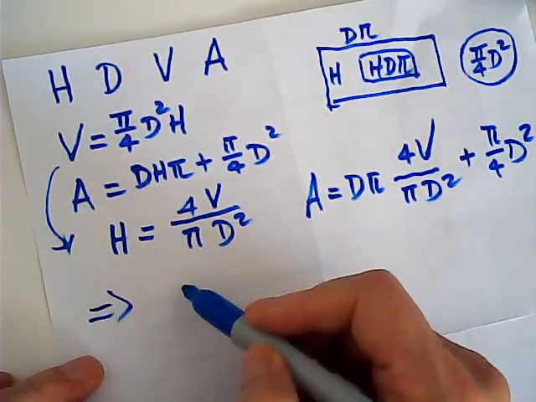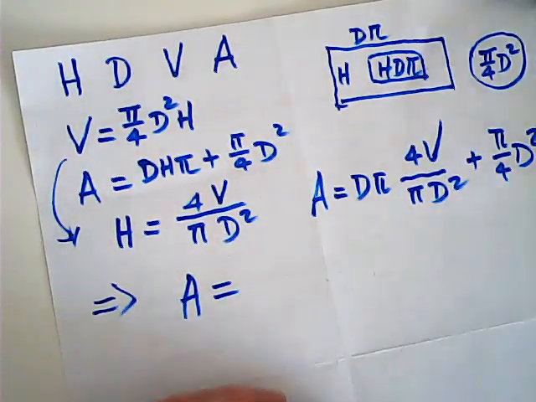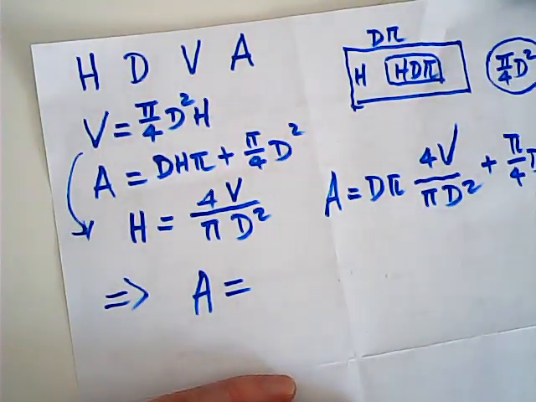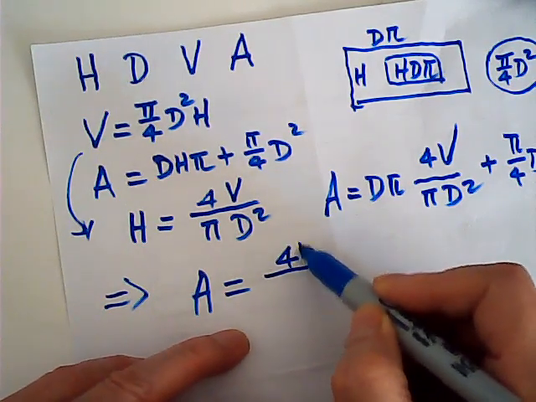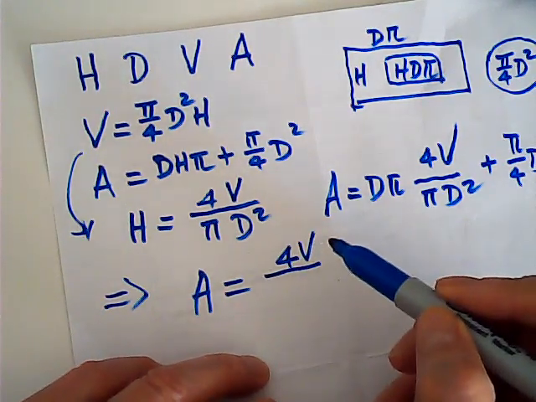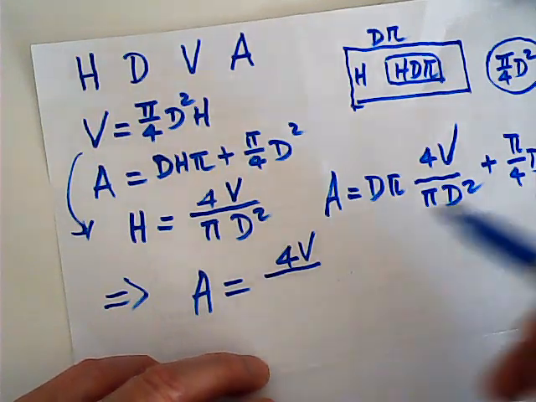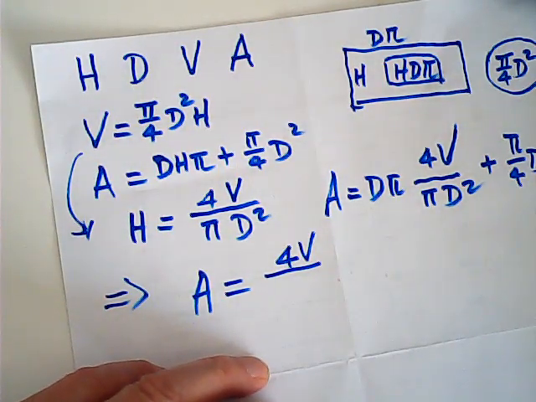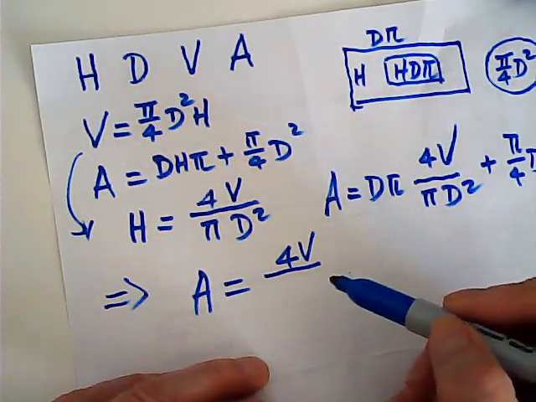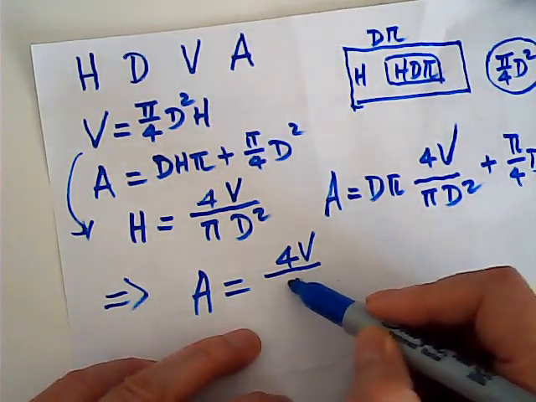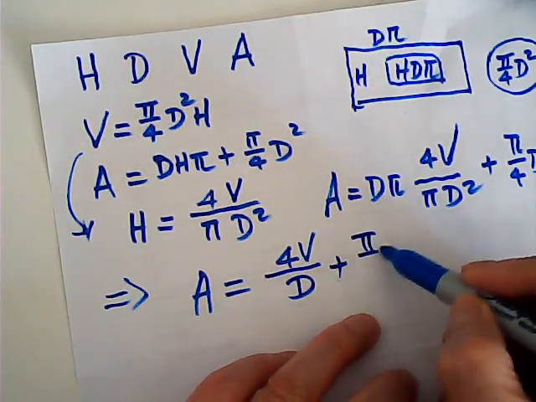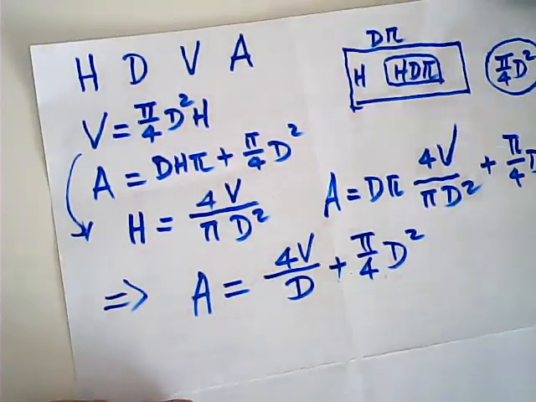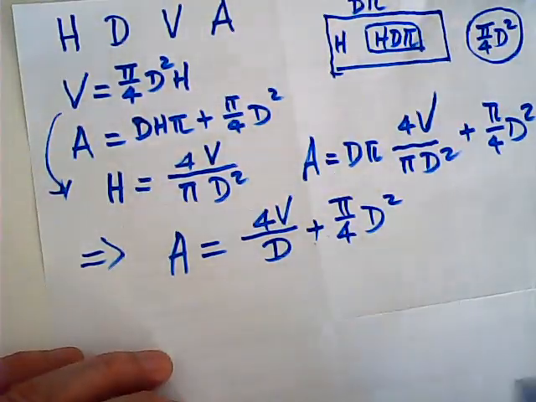So this means that A is equal to, d pi cancel out, 4v over d plus quarter pi d square.